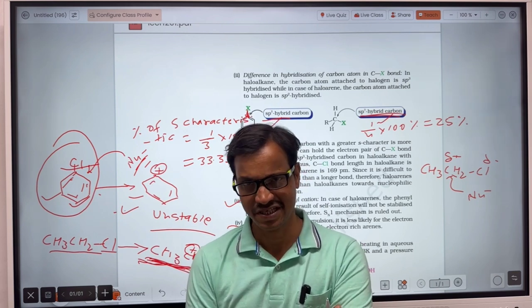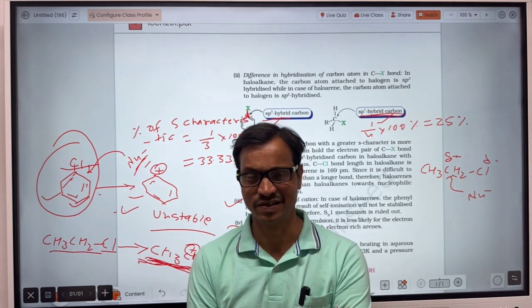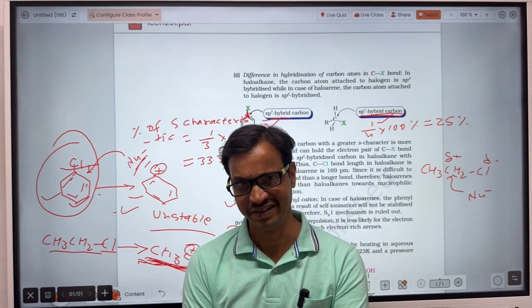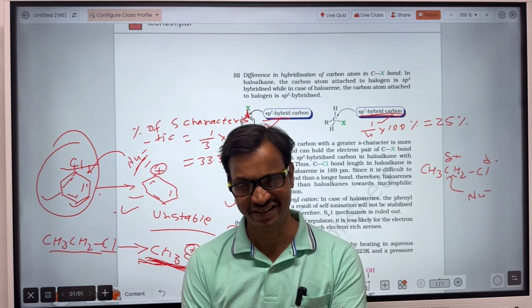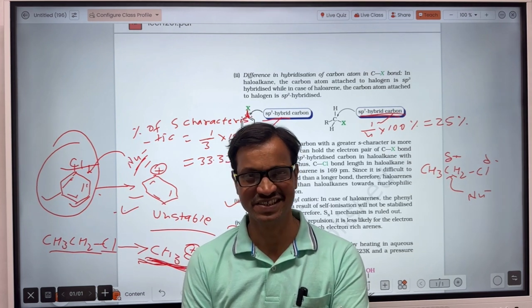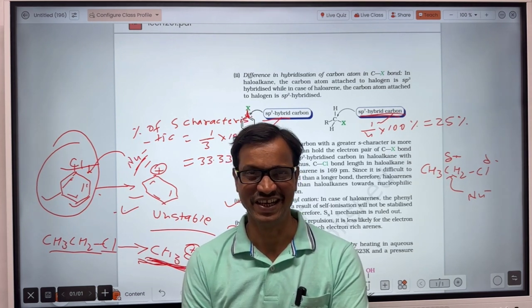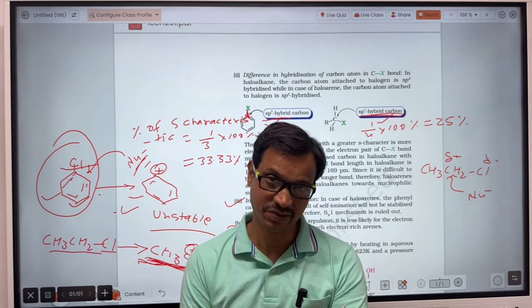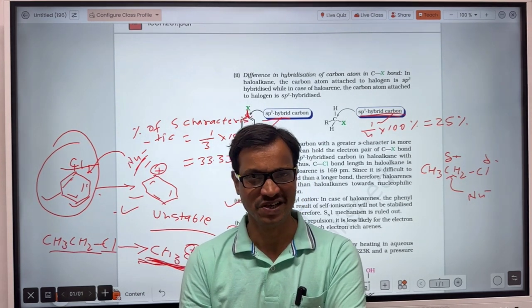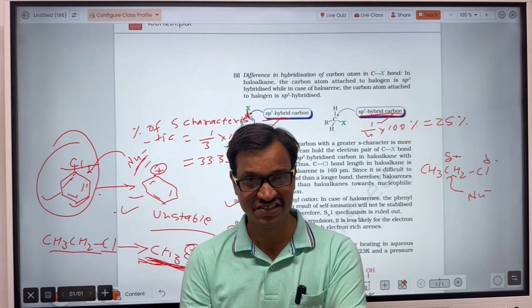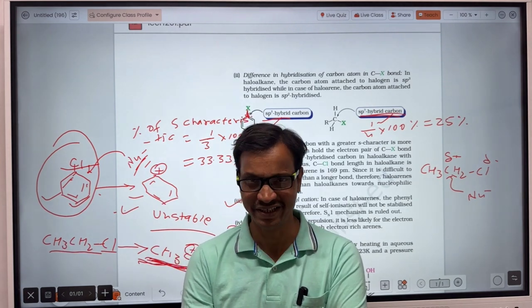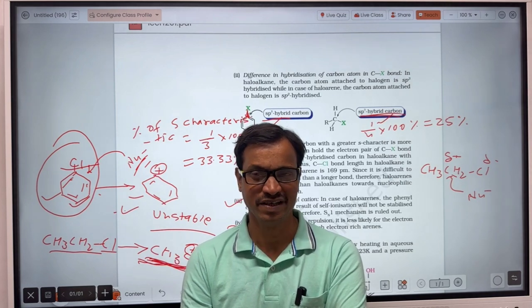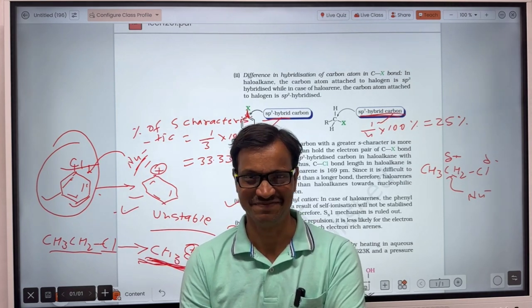There will be some nucleophilic substitution reactions also, and they will take place in adverse conditions compared to that of haloalkane. That means in haloalkane, the nucleophilic substitution reaction was taking place easily, while in case of haloarene, the reaction will take place but under adverse conditions.